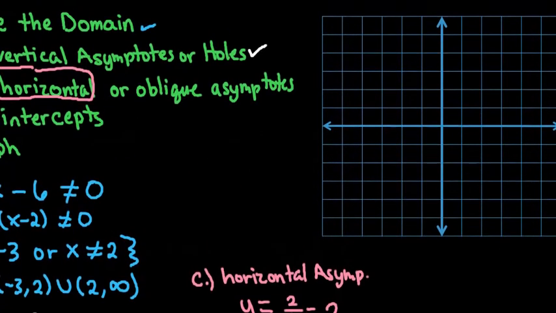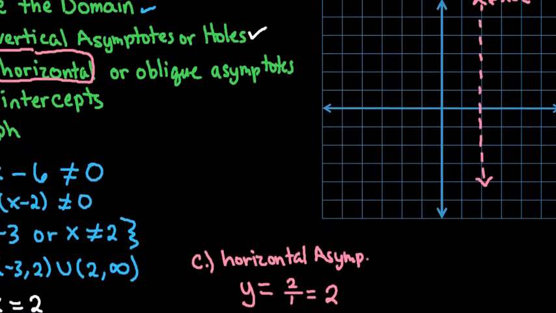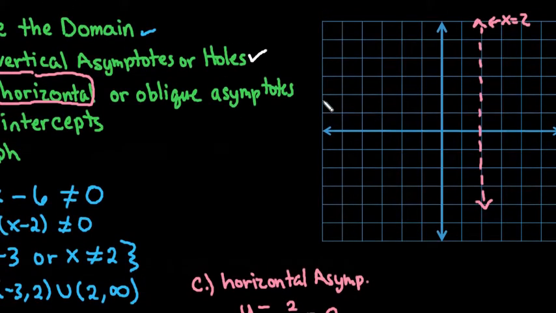So remember that we have a vertical asymptote at x equals 2. So we would go to where x equals 2. We have a vertical asymptote here. Okay, we have a horizontal asymptote. Remember that our horizontal asymptote is at y equals 2.